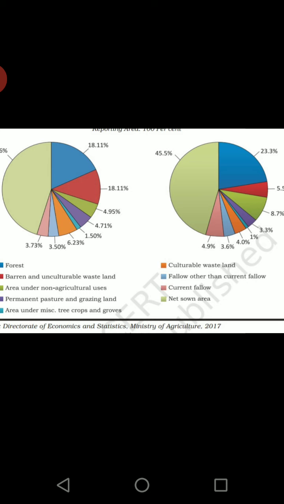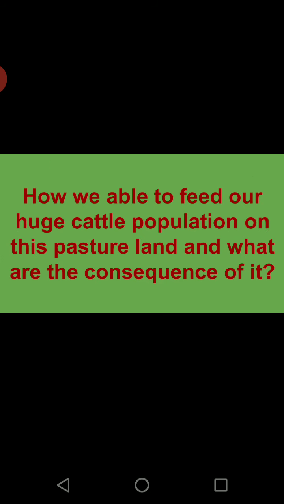Because if we think that pasture lands are of no use, then where will the cattle population dependent on them go? So here you have the question: how are we able to feed our huge cattle population on the pasture land if it is reducing, and what will be the consequences of it?